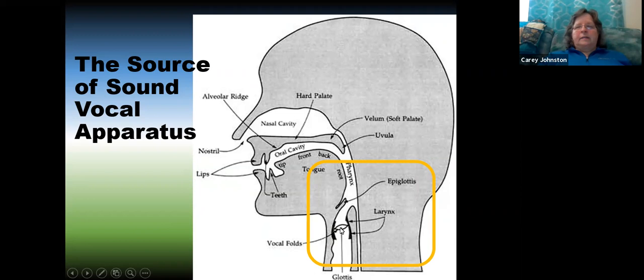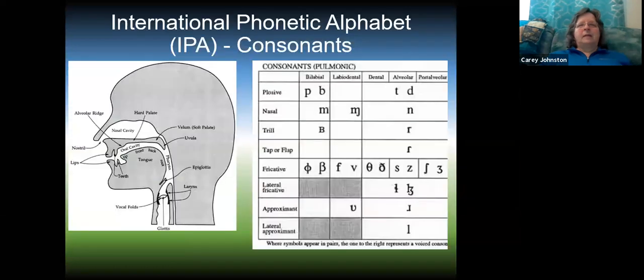And the glottis. The glottis is when you do a glottal stop, that sound where it is closing off and on. And so these are all places in the mouth that change the shape and the sound and the way the sound is made.